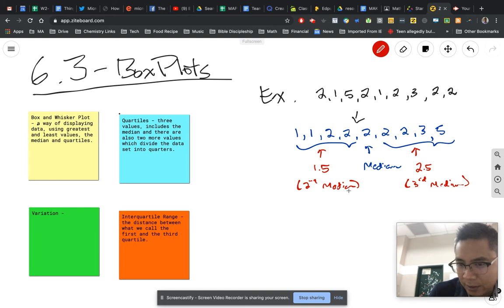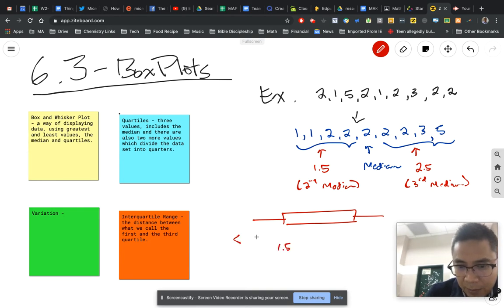So what are all these things? When you actually do a box and whisker plot, you create a box like so. And then you have two ends to your box, and those two ends are going to be the second and the third median. So this is going to be 1.5 here.